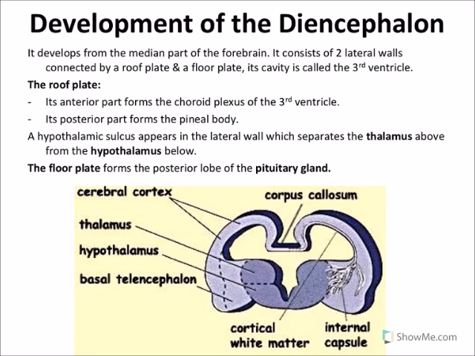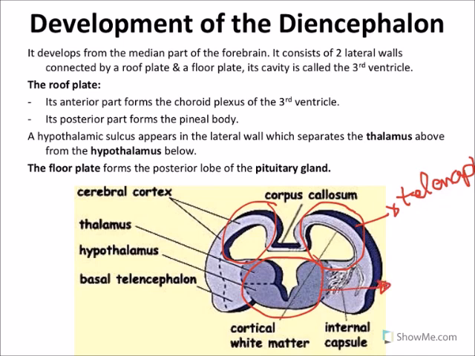So the proximal part of the vesicle of the neural tube will give rise to 3 vesicles, as we discussed before. 2 lateral vesicles, which will develop into the cerebral hemisphere, and they are called telencephalon, or the telencephalic vesicle, and the median vesicle.